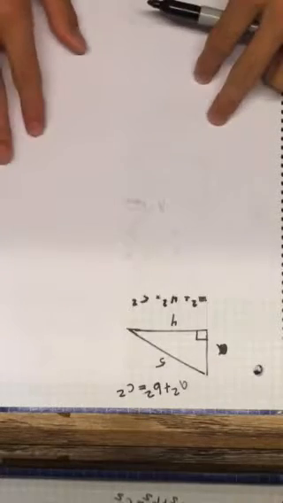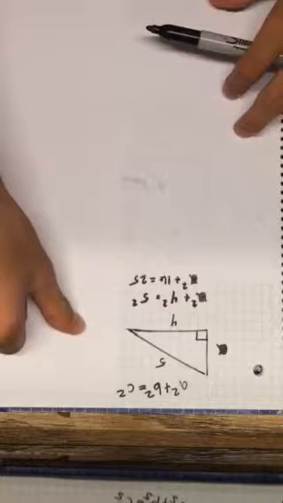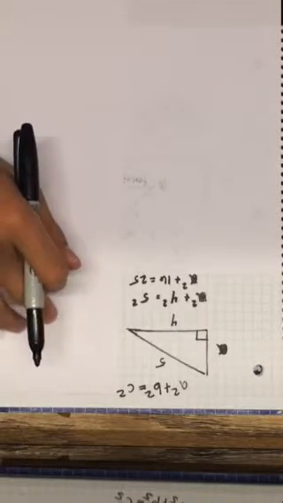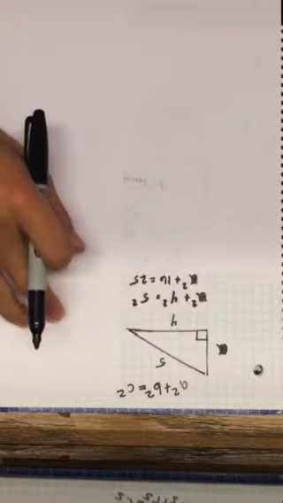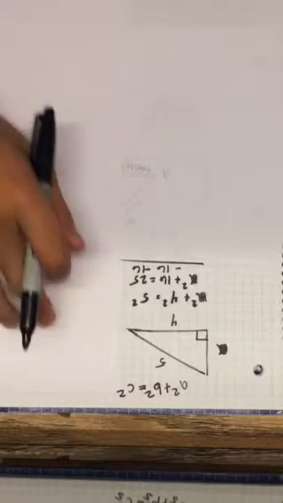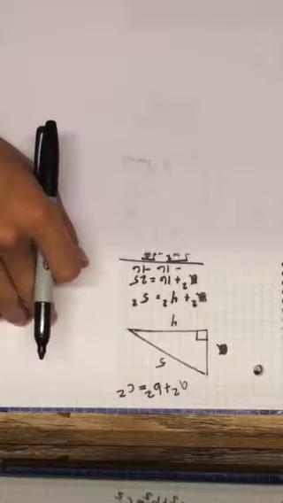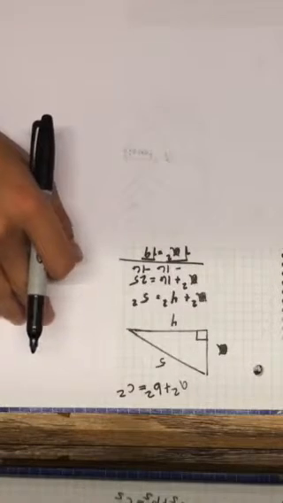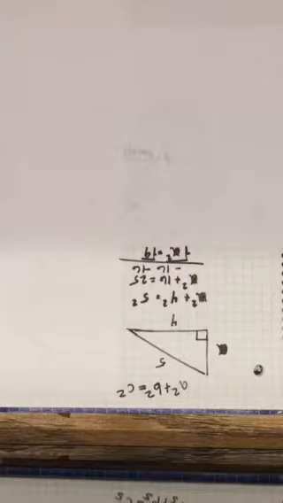So a squared plus 4 squared equals 5 squared, and 4 squared of course is 16, and 5 squared is 25. So you solve like any other equation. You subtract 16 from both sides, and that gives you a squared equals 9, and you square root both sides to get rid of the exponent, and that gives you 3.